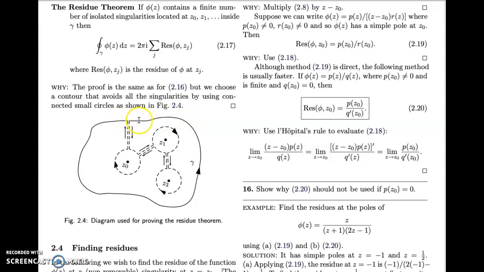The integral you want to find is with this completed, and that's going to turn out to be just the integral around here anticlockwise plus the integral around here anticlockwise plus the integral around here anticlockwise. Because all of these integrals here and these 6 integrals here will cancel each other out. Okay, so that's the residue theorem, which is probably the most important result in this course.